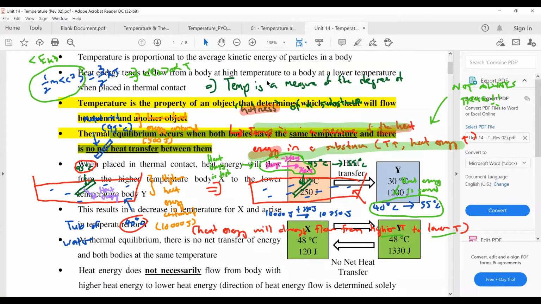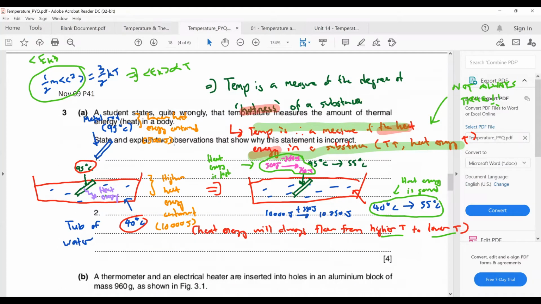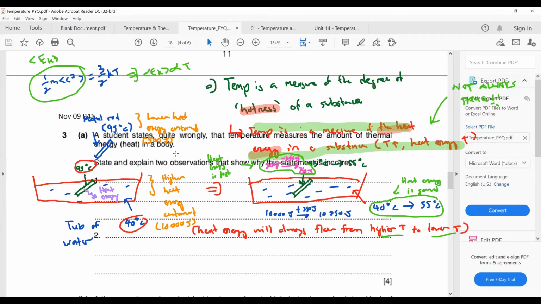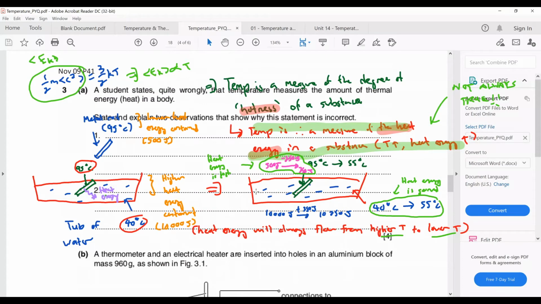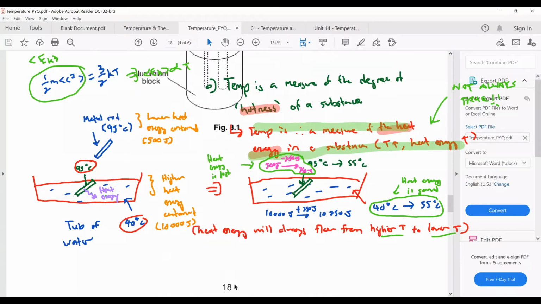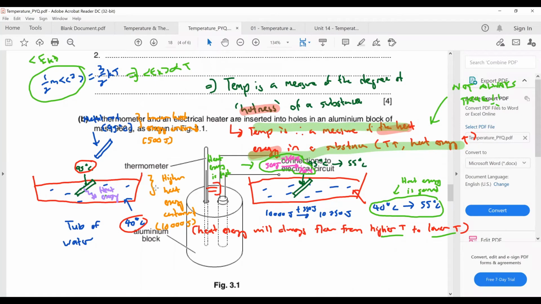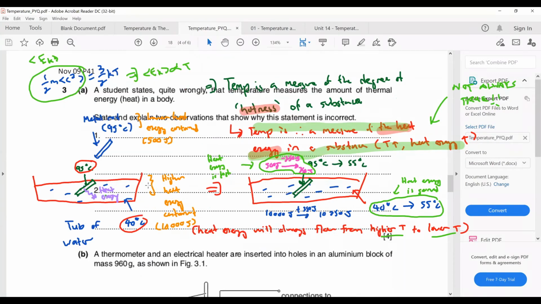So there's one question that you can do from there. Look at the other sheet of temperature questions that I gave to you two days back. I believe that one is page 18. Have a look at page 18. It is not your past year question booklet. It is the separate temperature questions that I asked you to print out.